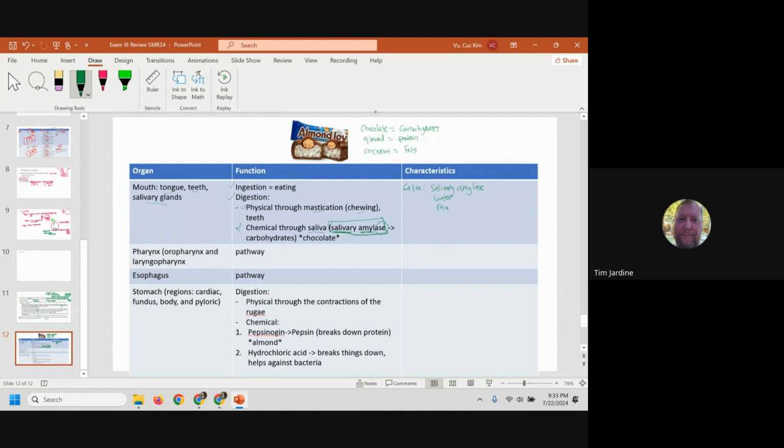What else? You've got IgA, which is an antibody. Okay, so that's part of your immune system. Right away, we know that whatever we eat has bacteria and some microbes in it, so we have some immune functions right away. Okay, what else do you find in here?